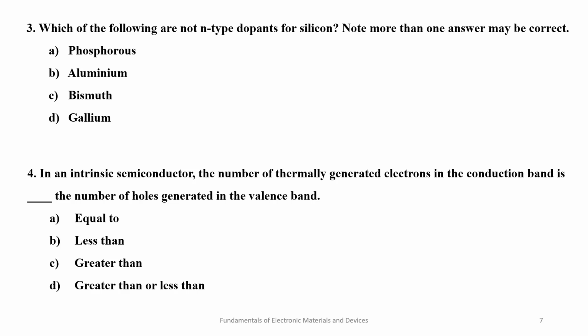It should be an electron-deficit element. You might have understood based on the column, the group in which they come. They can be either p-type dopants or n-type dopants. Group 3, group 4, group 5, you might have understood based on that. Which of the following are not n-type dopants?